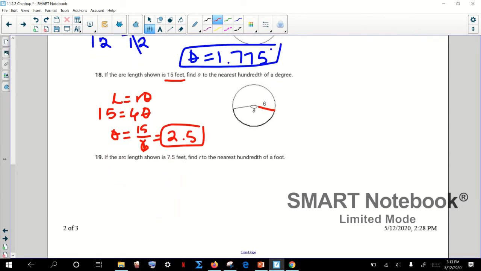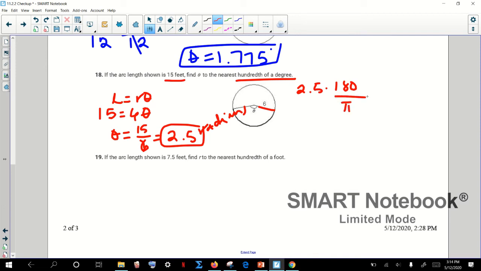And actually this one says to the nearest hundredth of a degree, so if this is radians here, we need to figure out how many degrees it is. So what we're going to do is 2.5 times 180 over pi.